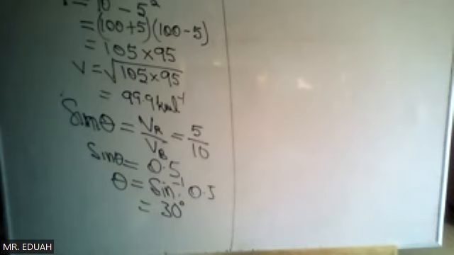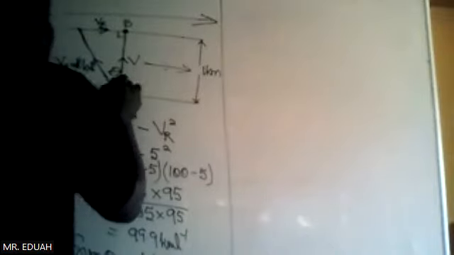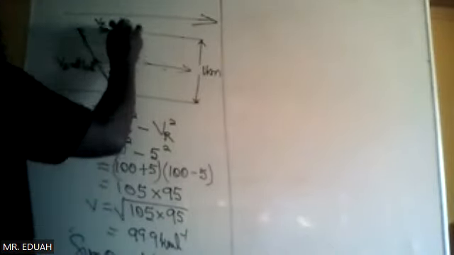Now, if the width of the river is 1 kilometer, find the time taken to cross the river. So we are looking for the time taken for this resultant crossing this width.